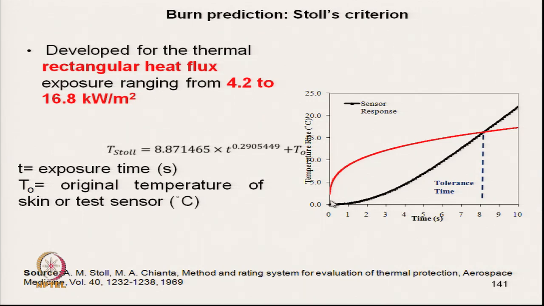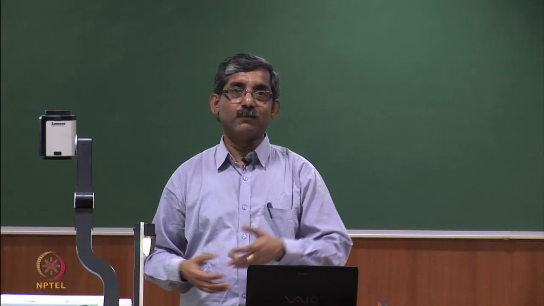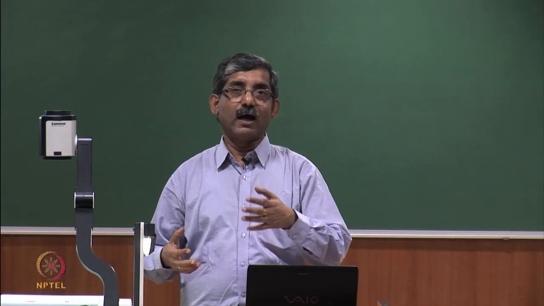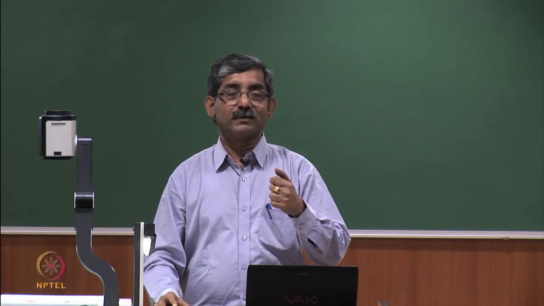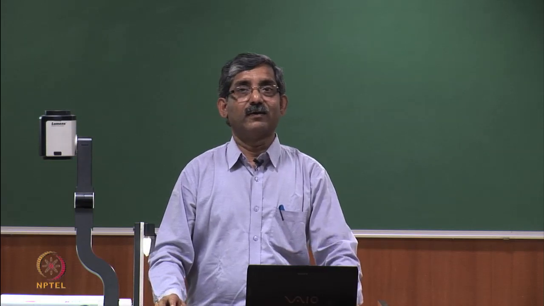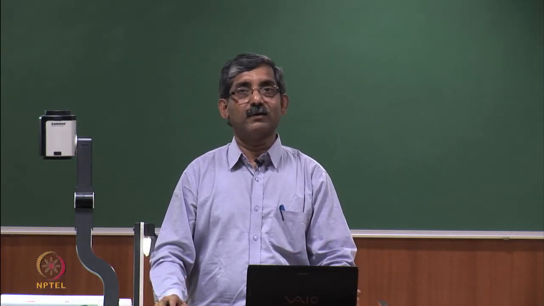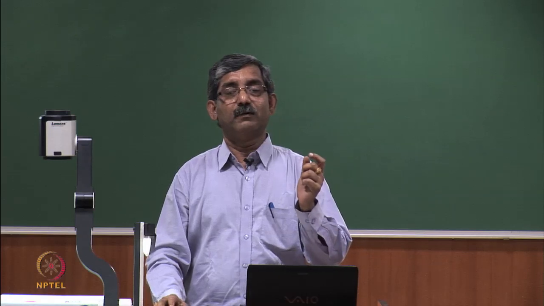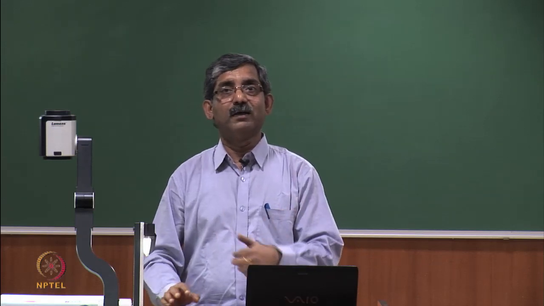This means at 8 seconds it reaches the second degree burn. So, the fabric assembly will have the second degree burn after 8 seconds. Okay. Just to compare the burn prediction with the Stolz criteria.